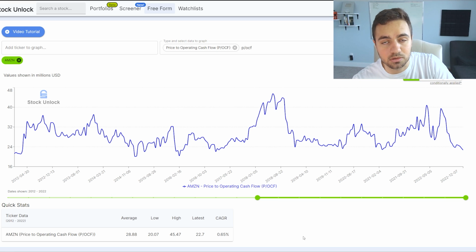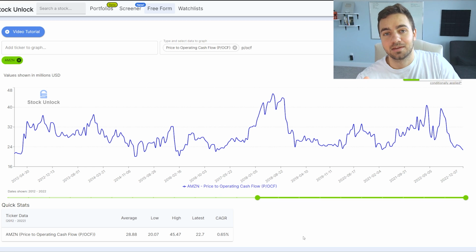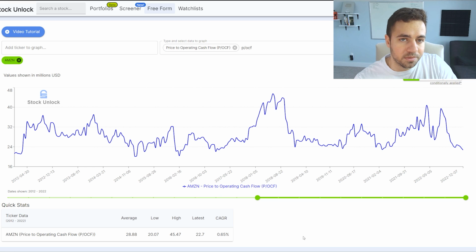If you're buying Amazon at a low price to earnings ratio, then you're buying Amazon when the Rivian investment is doing good. Does that tell you anything about the business? No. Does it tell you anything about the business's profitability? No. So in my opinion, I like to use the operating cash flow. Those are all of the reasons why, and I believe I've made a very strong point here.